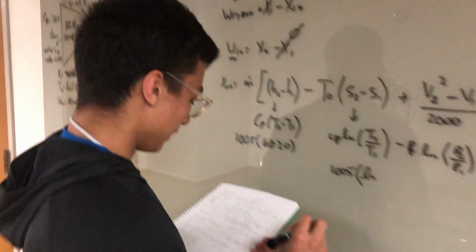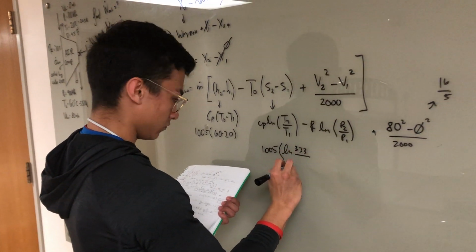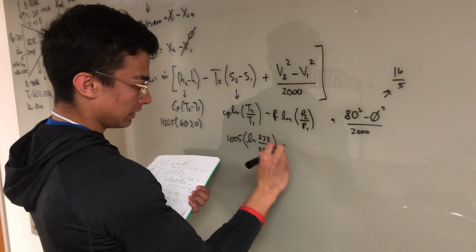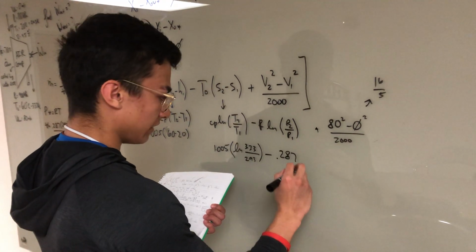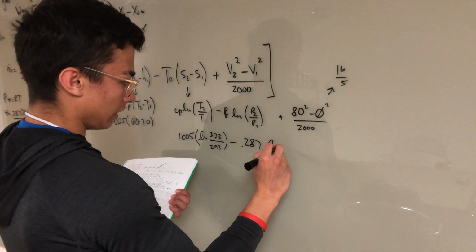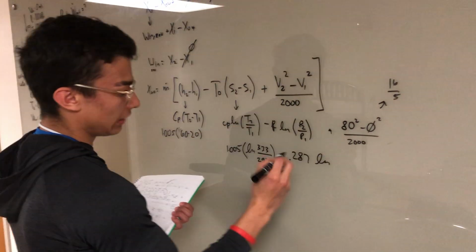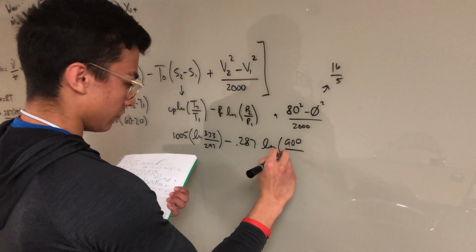So let's just go back to plugging in here. And then your R value, you can also get that from the tables. It's 0.287, and you'll have times natural log of the pressure ratio between in and out, which is just going to be 900 over 100.